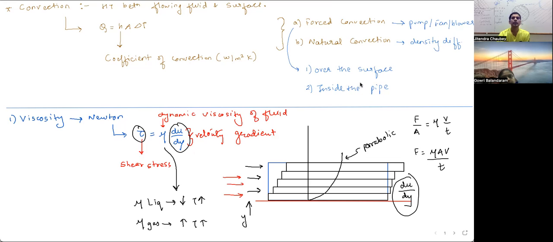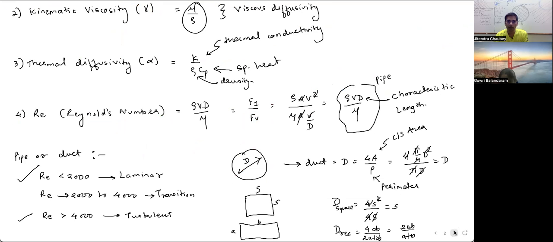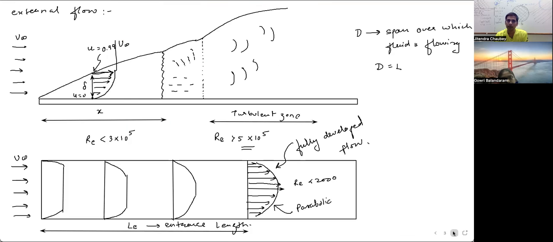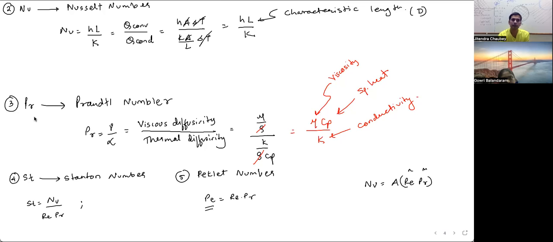For forced convection, we must know numbers like Reynolds number, Nusselt number, and Prandtl number. Stanton number and Peclet number are something that, even if you forget, it's okay, but it is good to know them. Very rarely will you use them.